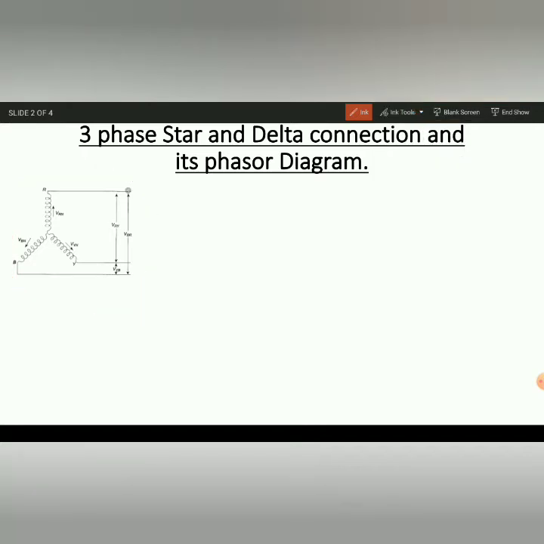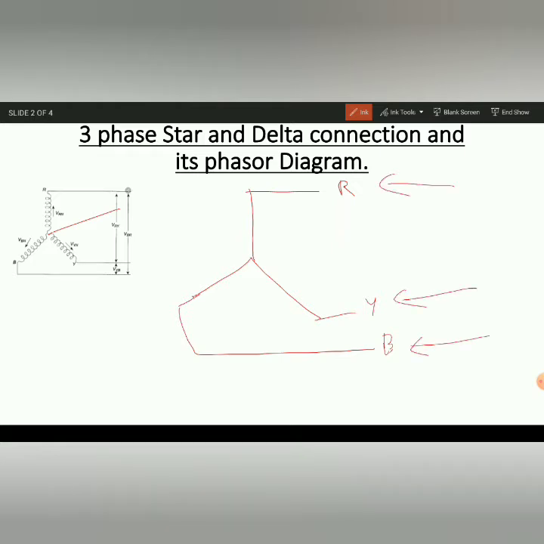Let us consider this as a motor. This motor has R, Y, B terminals. When you buy a motor, you have to give the supply. Even for a mixer grinder, inserting the plug means you are giving a supply.